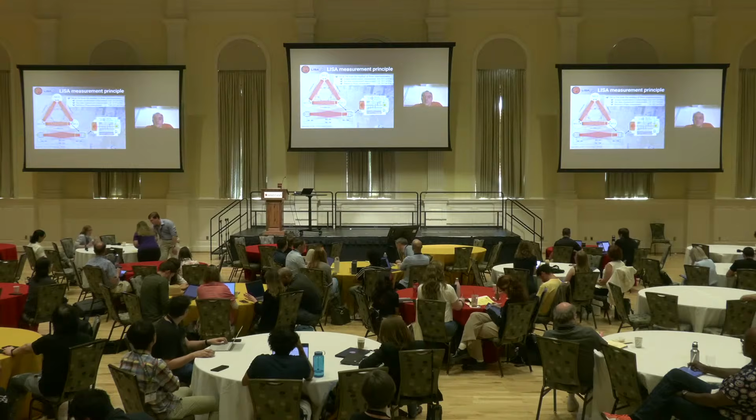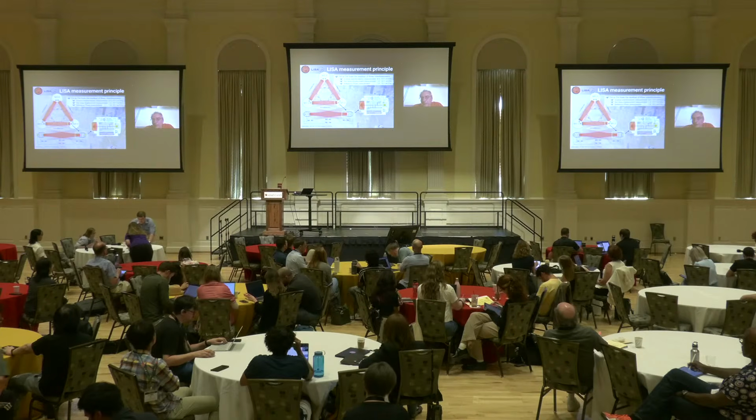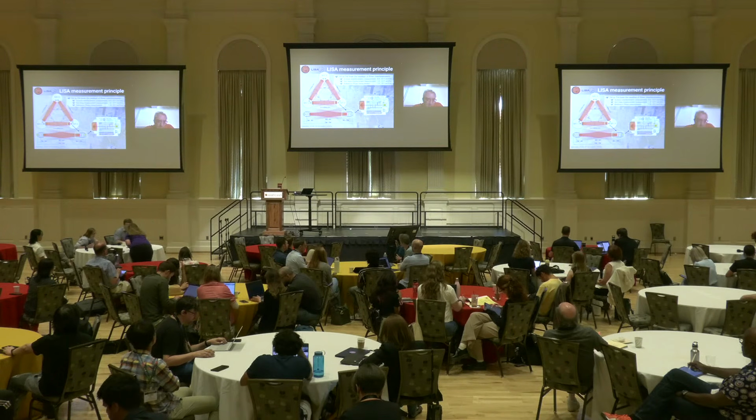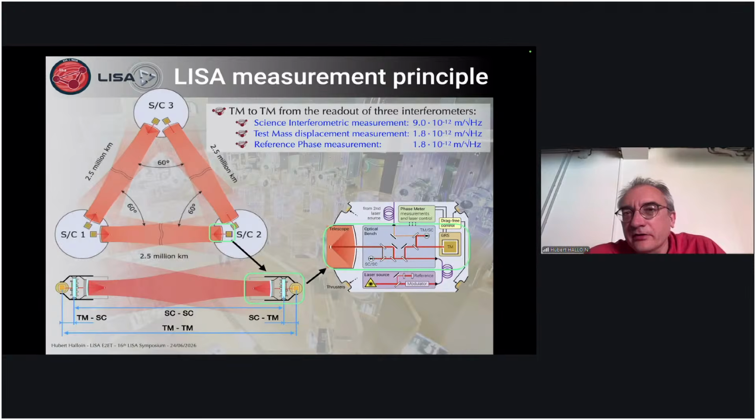Okay, so you all know how LISA looks like, but let's remind everybody that to measure the test mass to test mass distance between the satellites, we actually measure three things, three measurements from different interferometers. One is named the science interferometric measurement with about 10 picometers per root hertz, and two other interferometers meant to measure the position of the test mass with respect to the spacecraft, and also the reference phase between the two optical benches on the same spacecraft.